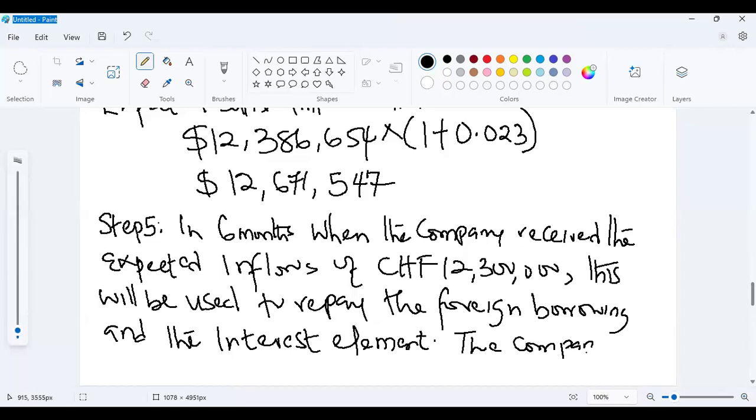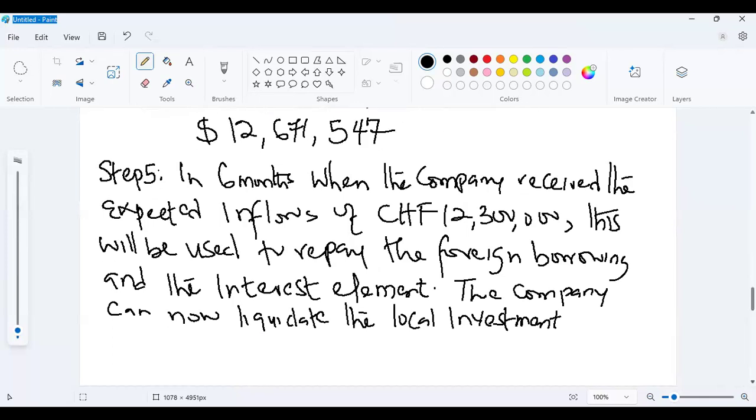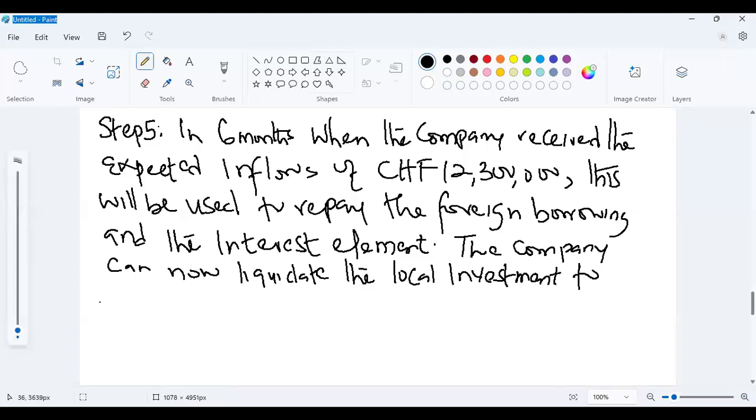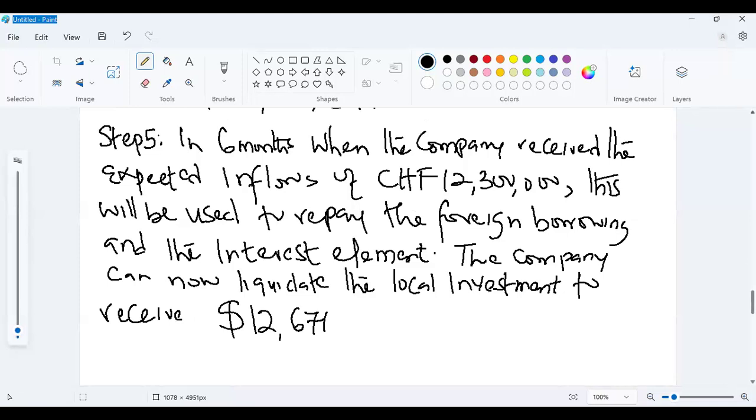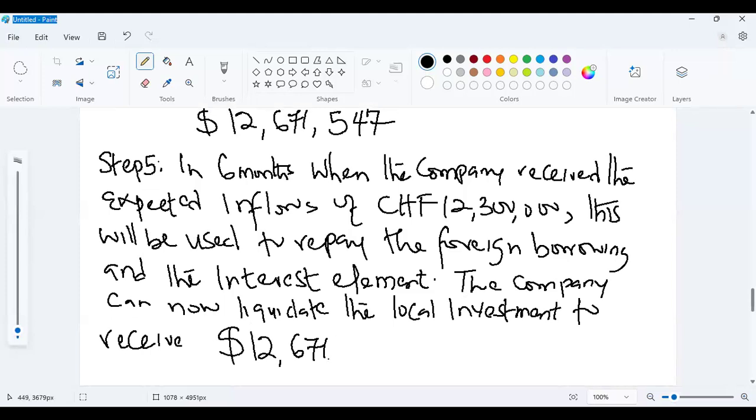The company can now liquidate the local investments to receive in dollars 12,671,547.